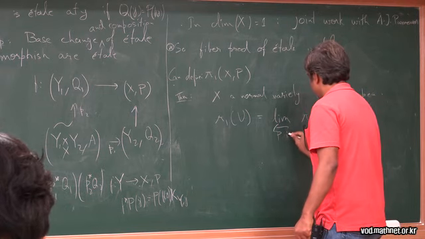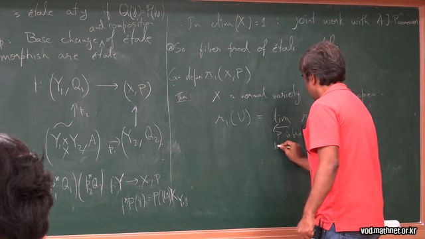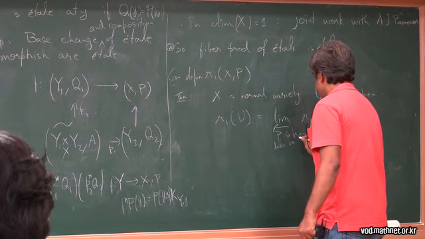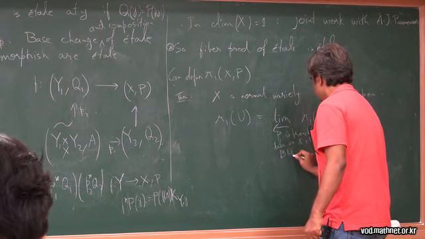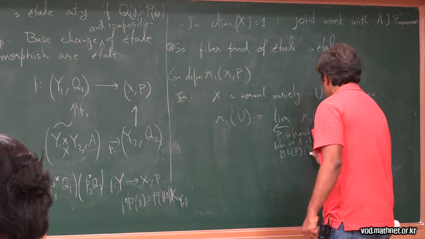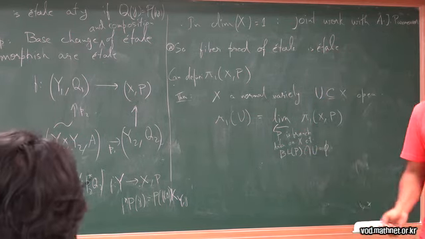P is a branch data on X such that the branch locus of P intersection U is empty. Yeah, so it is contained in the complement.